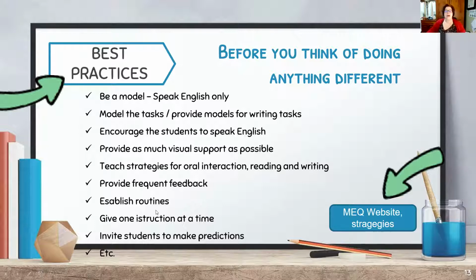We need to establish rules. You have all established rules in your classrooms for sure. Routines as well. We don't think about it, but especially special education students or students with special needs, they need to have a routine.